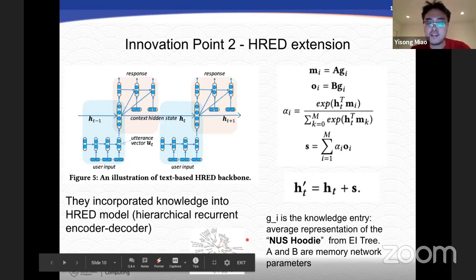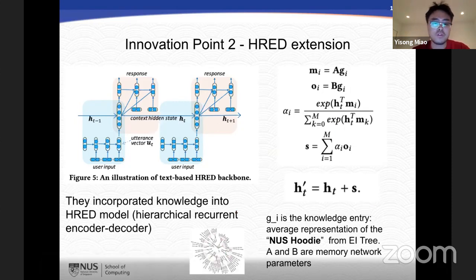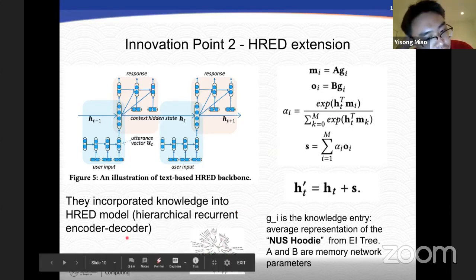Yeah, and here they obtain S, and they use this type of domain knowledge to enhance the performance of their dialogue agent, which has a sense of fashion tips. Okay. So that means the memory network itself is like at training time.